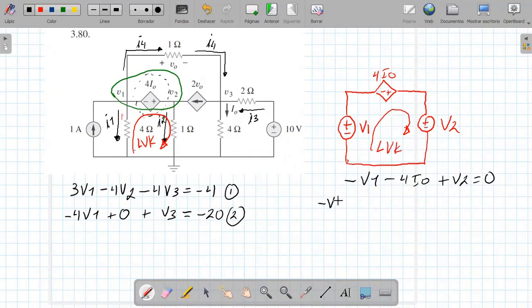Kirchhoff's voltage law: minus V1 minus 4 times I0. But I0 is the one that comes here, which would be, in parentheses, V3 over 4, that would be I0, plus V2 equals 0 volts.